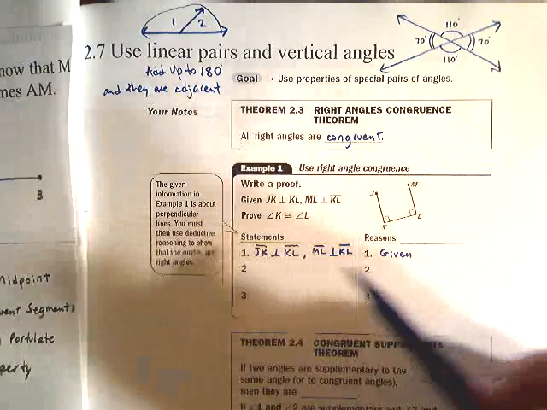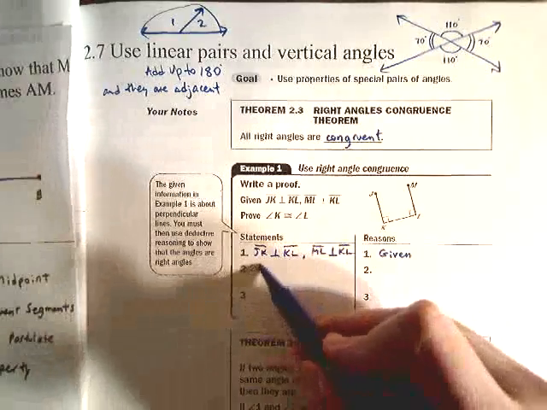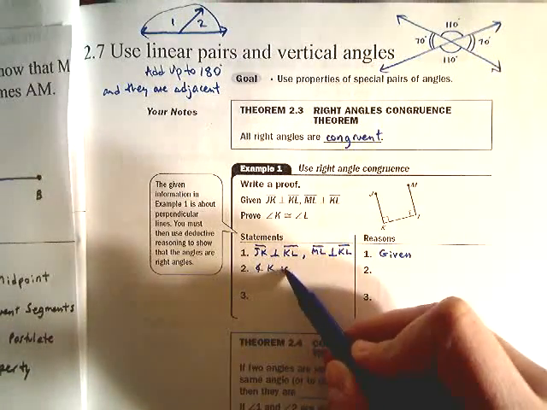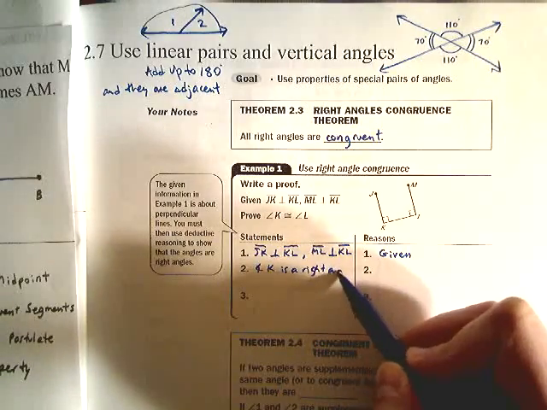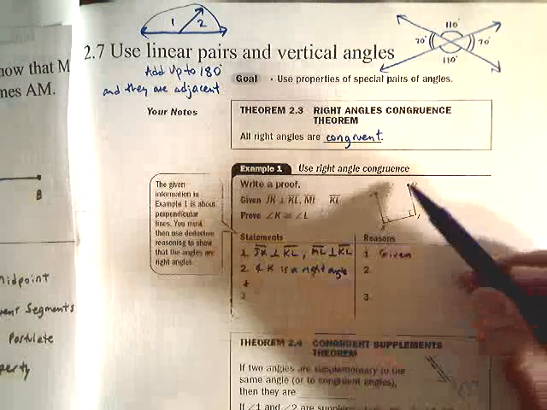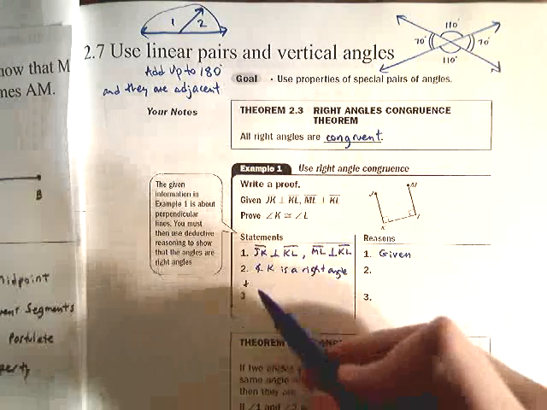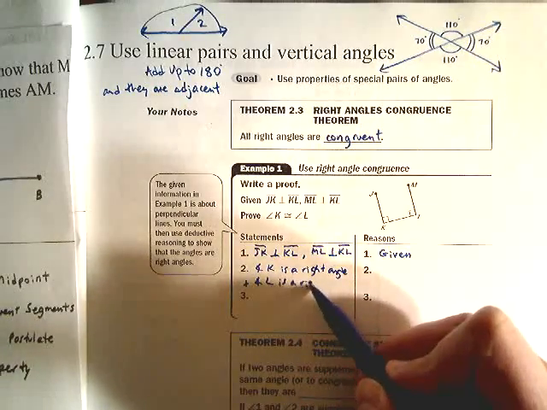So if we know that JK is perpendicular to KL, don't we know that angle K is a right angle? Sure. And if ML is perpendicular to KL, don't we know that angle L is a right angle?